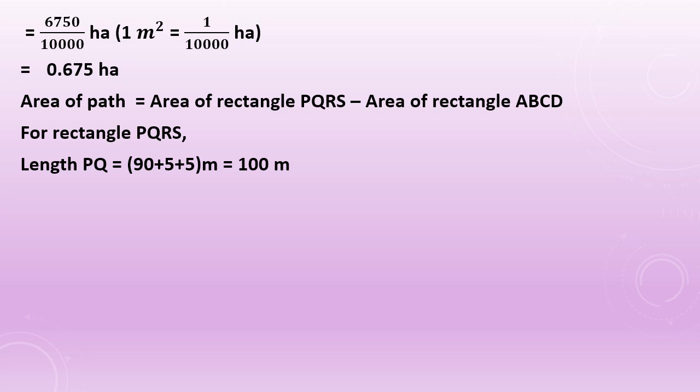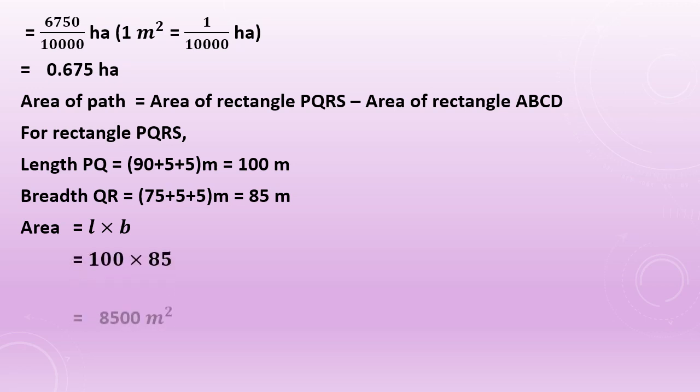Here length, that is PQ, equals 90, the length of the inner rectangle, plus 5 meter on both sides, because the path is built around the garden. So 90 plus 5 plus 5 equals 100 meter. The same way, breadth equals 75 plus 5 plus 5, which gives 85 meter. Now area equals L into B, 100 into 85, which gives 8500 meter square.